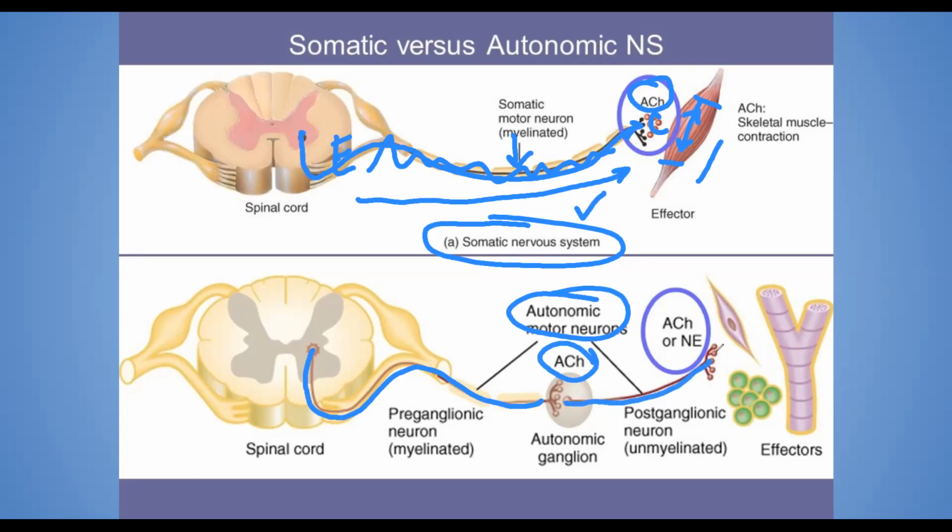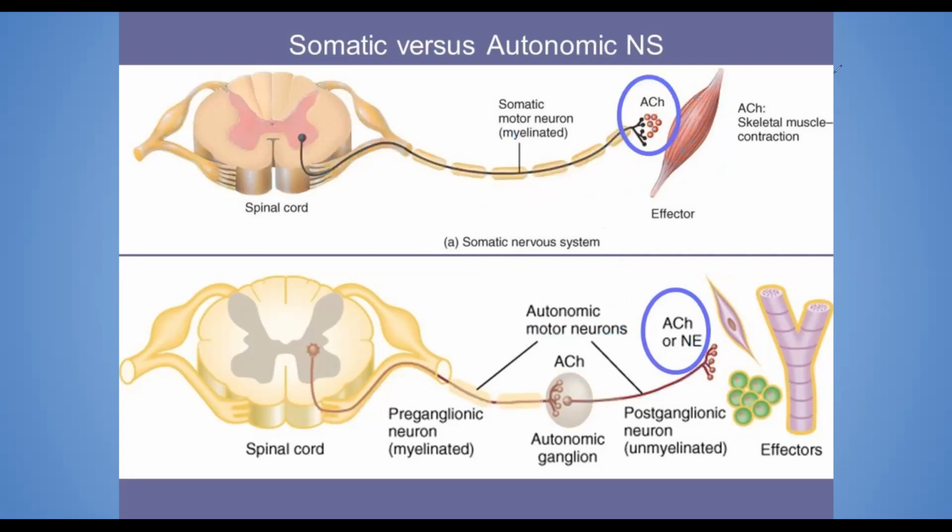And then that neuron may release acetylcholine, but it also might release NE, which is norepinephrine. That norepinephrine or acetylcholine might affect a smooth muscle, that spindle-shaped cell we have here. It might affect adipose tissue, or it might affect the branching striated cardiac tissue that we have in our body.